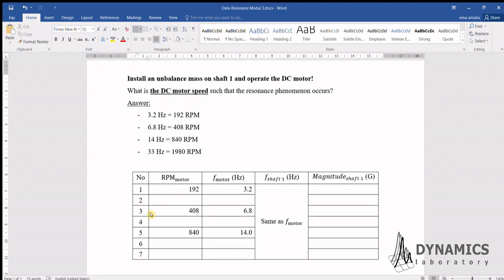Meanwhile, for the second and fourth data, we will pick a random DC motor speed between natural frequencies. For the sixth and seventh data, we also pick a random DC motor speed above 1000 RPM. And as a result, we will compare all the vibration magnitude data.